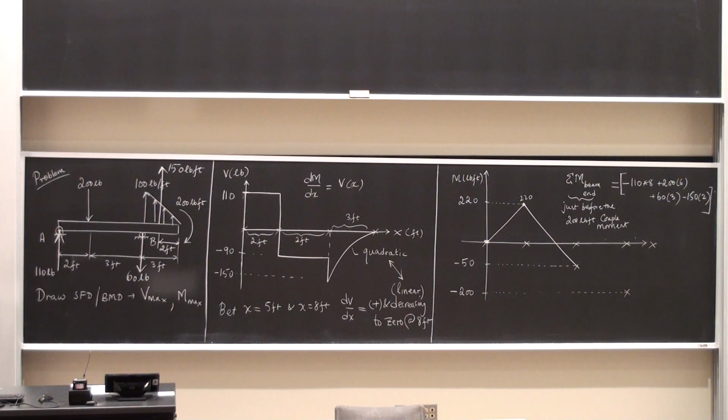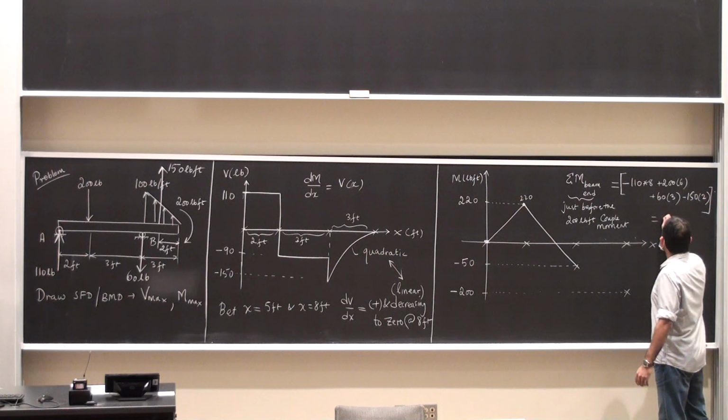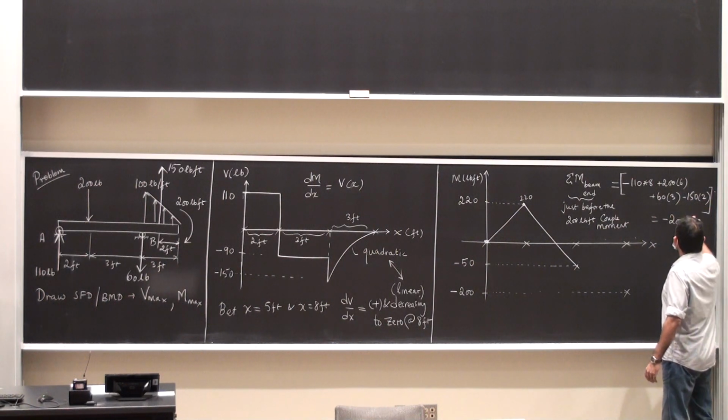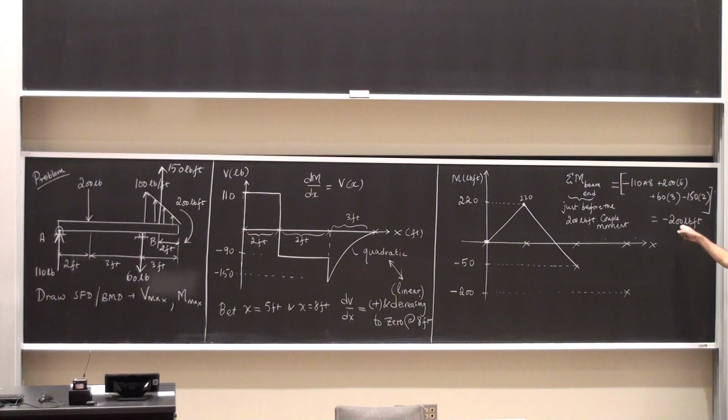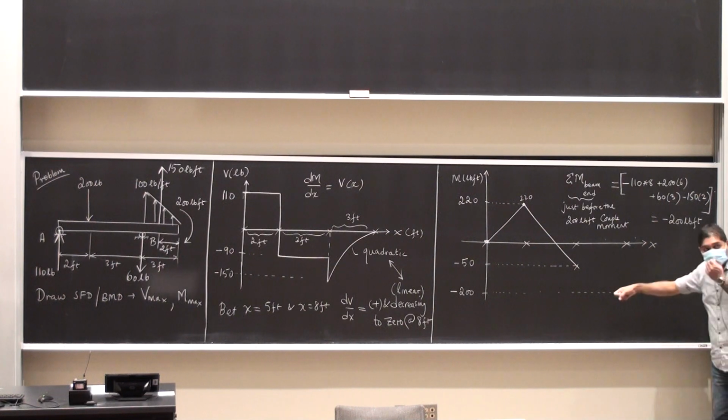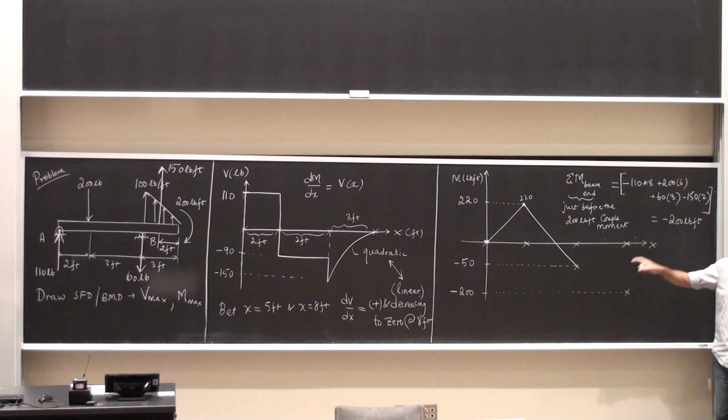If you do the calculations, it's going to end up giving me minus 200 pound-feet. Which means that this is the value of the bending moment right before I hit the end of the beam, not inclusive of the 200 pound-foot couple moment.